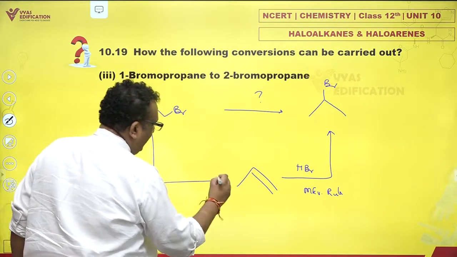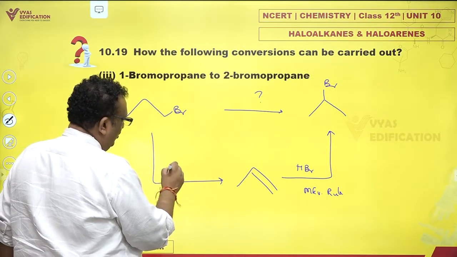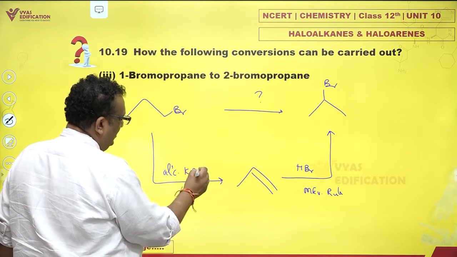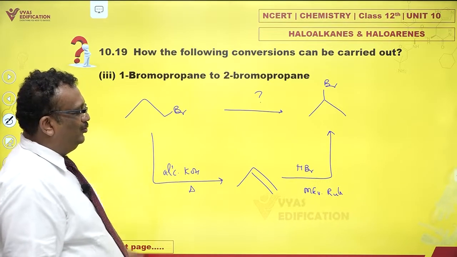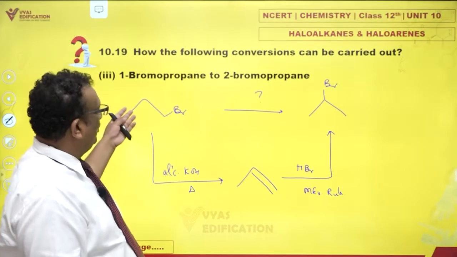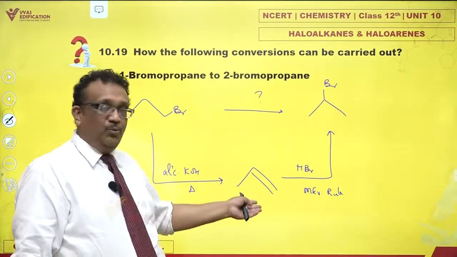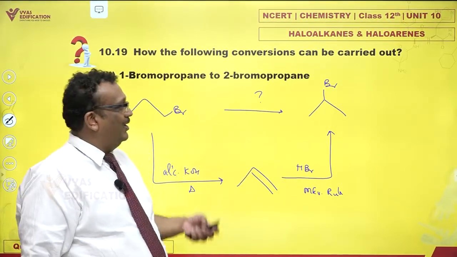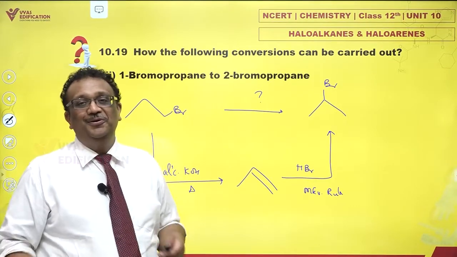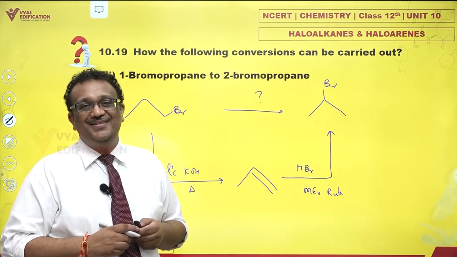And how do I get the alkene? Well, you take alcoholic KOH and you heat it. You get the alkene. So 1-bromopropane, heat with alcoholic KOH, you get propene, add HBr. As per Markovnikov's rule, you get 2-bromopropane. This is the method.